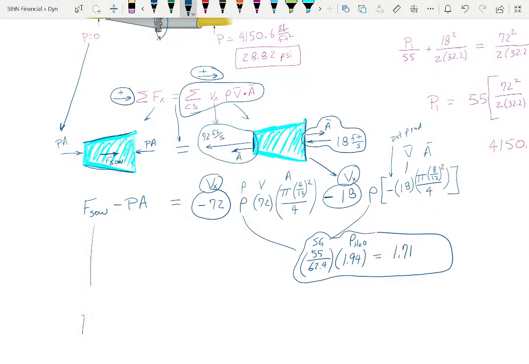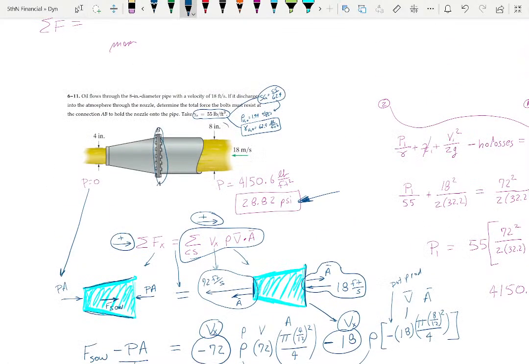So if you want to know the force of the steel on the water that gets transferred back, I'm going to move this pressure times area over here. Since I know it's in pounds per square inch here, I'm going to say 28.82 pounds per inch squared times the area, and I'm going to use the inches.